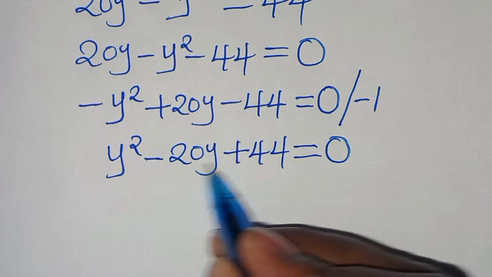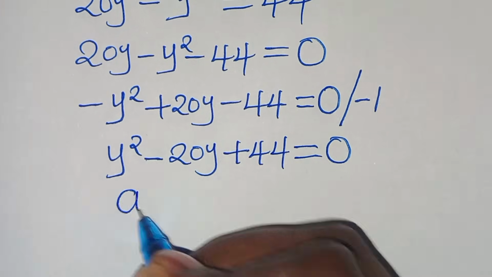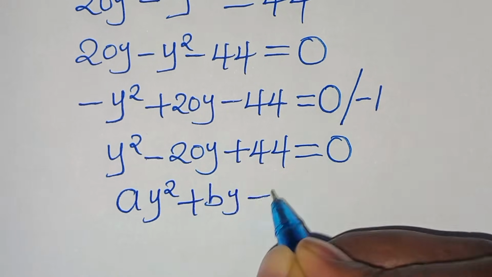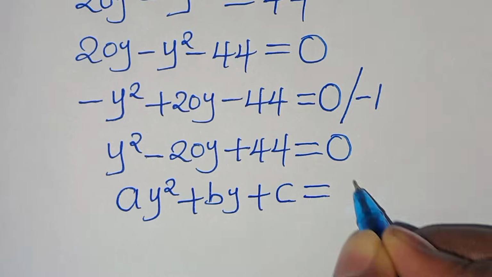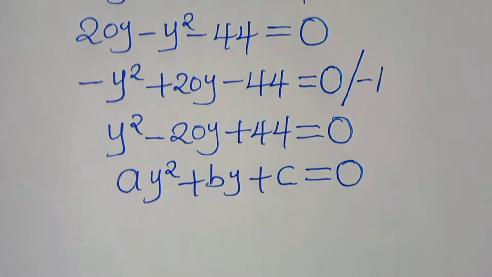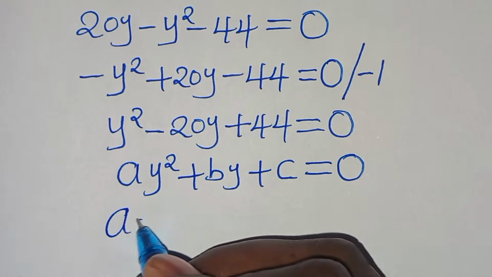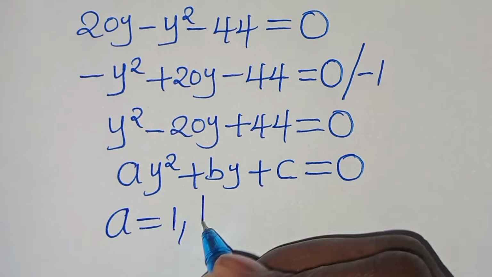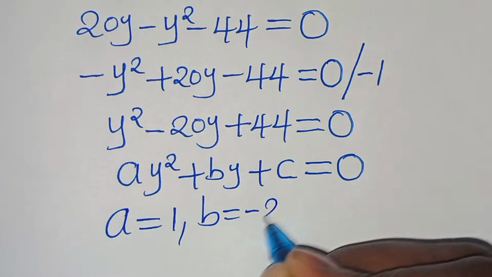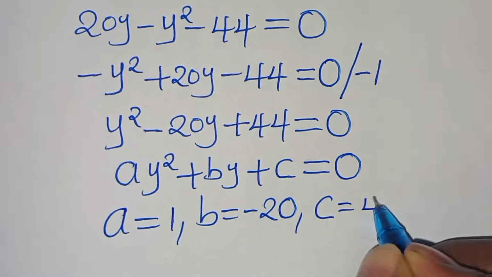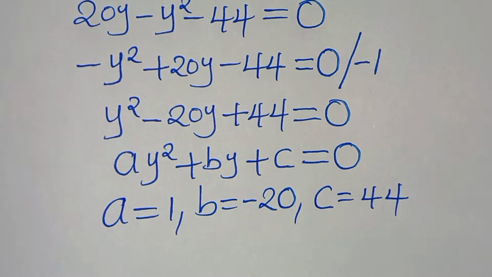So this is a quadratic equation of the form ay squared plus by plus c equal to 0. From this quadratic equation, we have that a is equal to 1, b is equal to minus 20, and c is equal to 44.